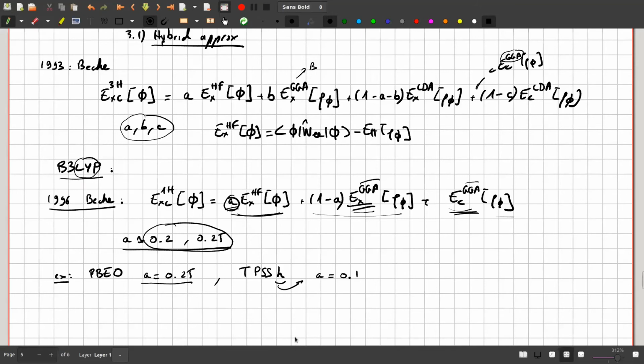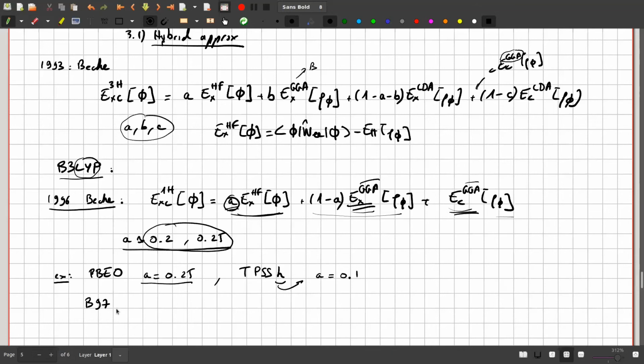But now you have another type of hybrid functionals, like the GGA 97 functional, where you have some sort of systematic polynomial expansions in terms of some variables, and you systematically optimize all the coefficients with respect to experimental data.